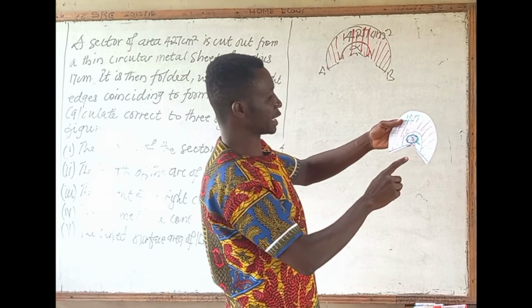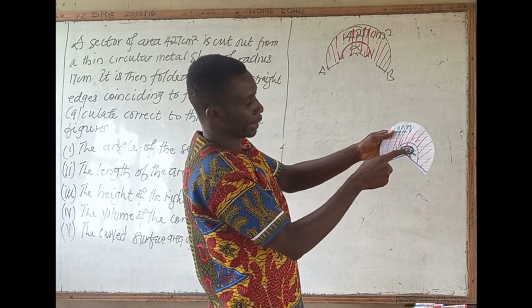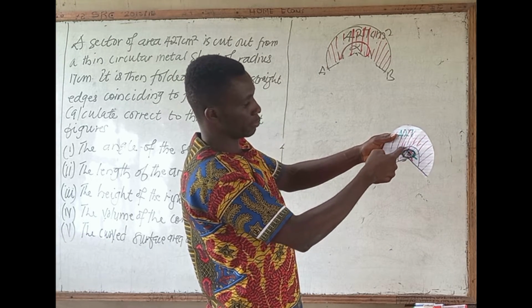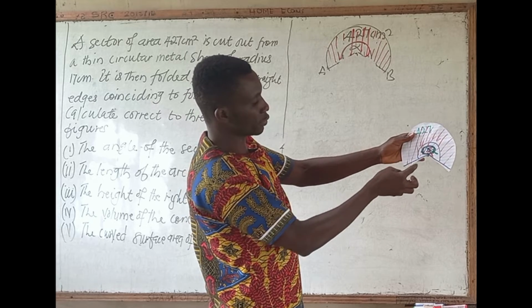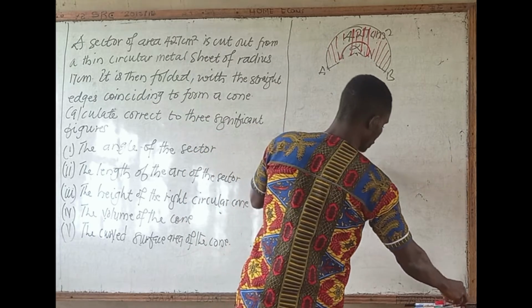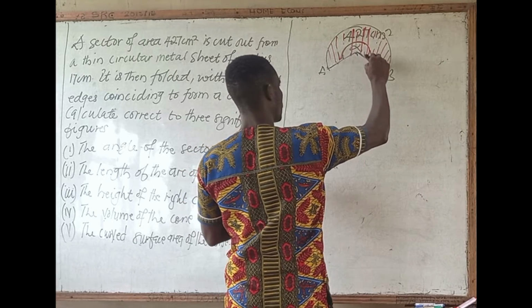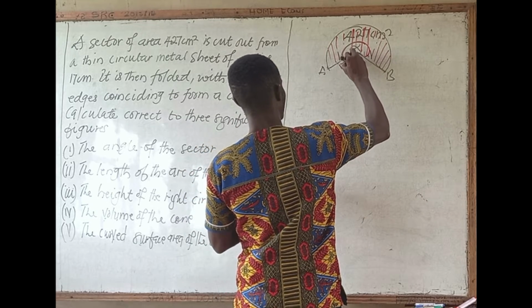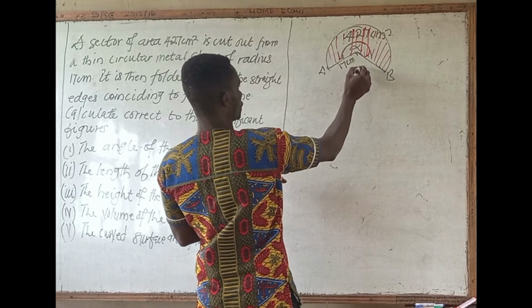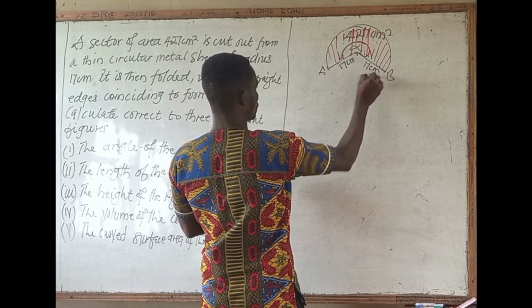This part that has been taken has an angle here. We are looking for this angle. The radius has been given as 17 centimeters.